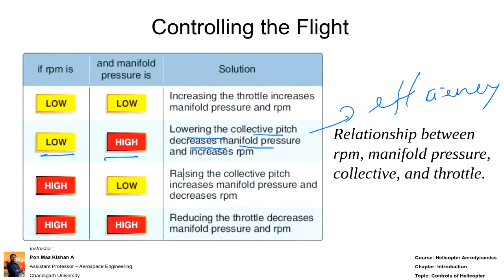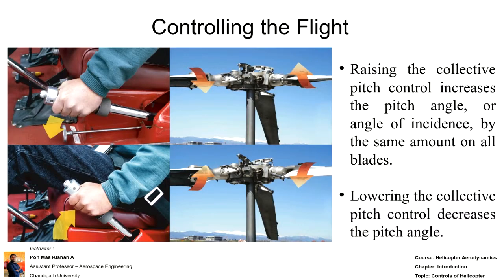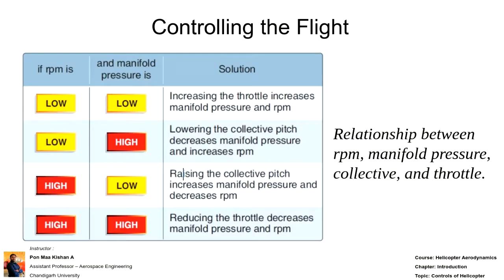So in this diagram, he has to lower the collective pitch control. The pitch angle will also decrease, so the RPM will increase and the manifold pressure will decrease. These are the solutions they are giving for particular scenarios.